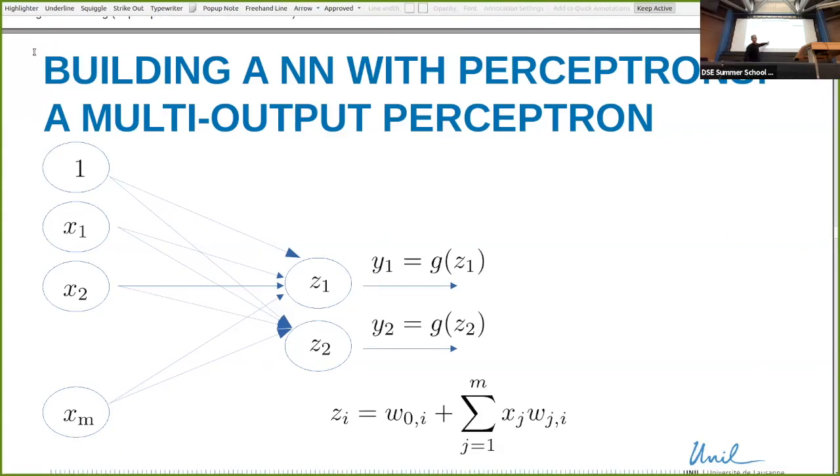The difference to what we have seen before is essentially, before the weights were in a vector, but now we have weights for x1, x2, all the x's going to y1, all the x's pointing to y2. So this thing now is a matrix. So we can have the simple setup, multiple outputs.